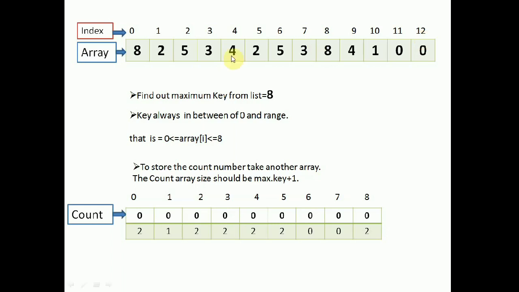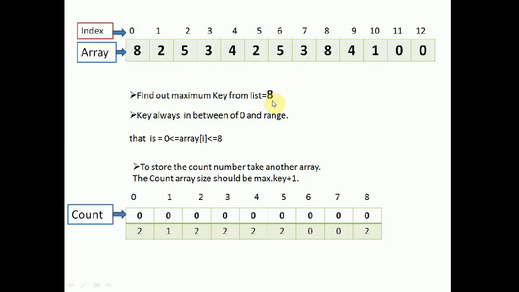Here is the procedure you need to follow. The first step is to find the maximum key from the list. What is the meaning of key? These 8, 2, 5, 3, 4, 2 are called keys in sorting terminology. Generally we call them elements, but from the sorting point of view we call them keys. Among this set of keys, which key is the maximum? 8.